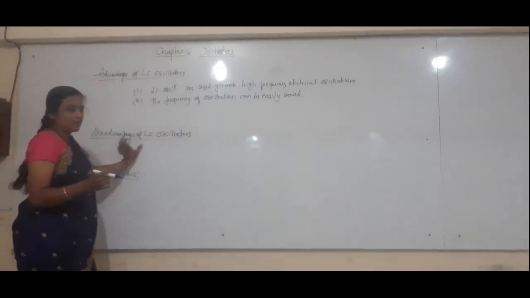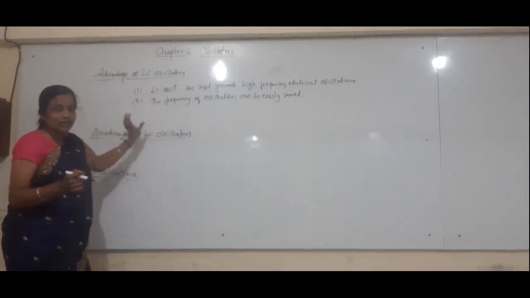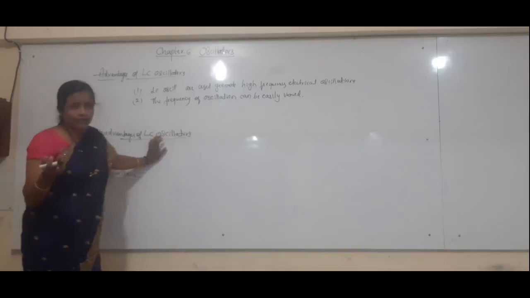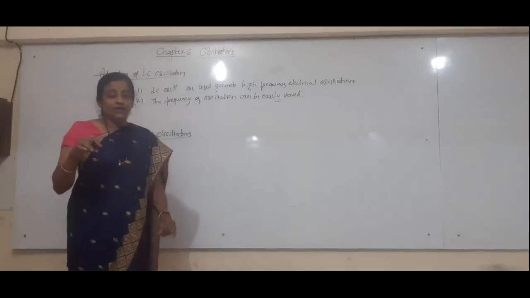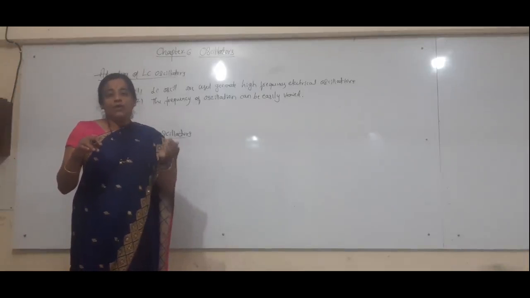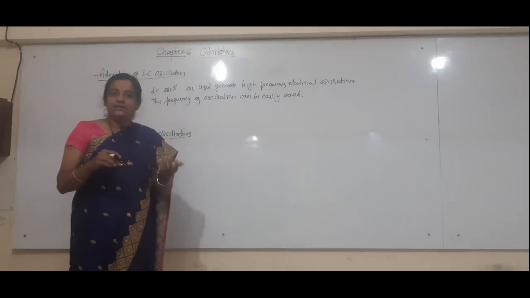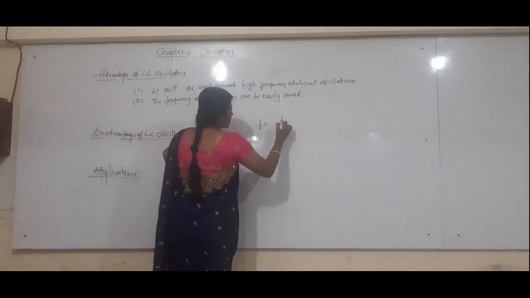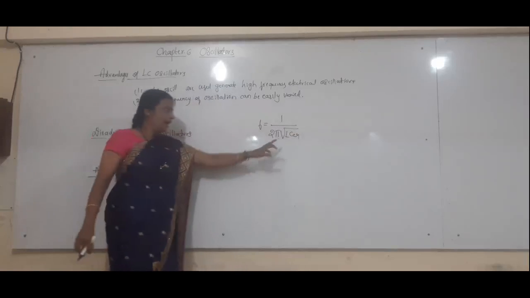Next one is the disadvantages. Along with the advantages, LC oscillator circuits also have disadvantages. What are those disadvantages? At low frequency applications, where the frequency required is very much less, the values of your capacitor and inductor become larger. Why? Because F is inversely proportional to the square root of the values of your capacitor and inductor.